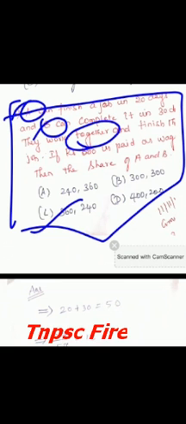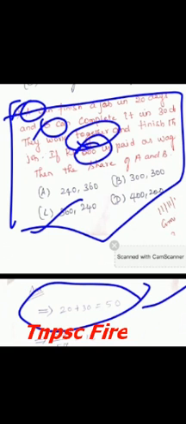Again I tell you, don't get confused. They give A and B values. In the question they ask, together they finish the work, so we add those values, 20 plus 30 equals 50. Then they give wages.